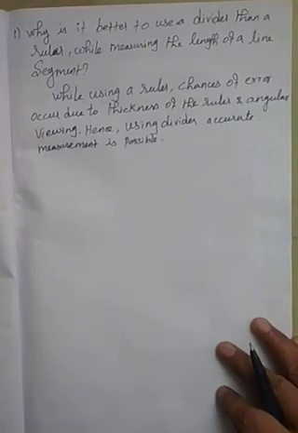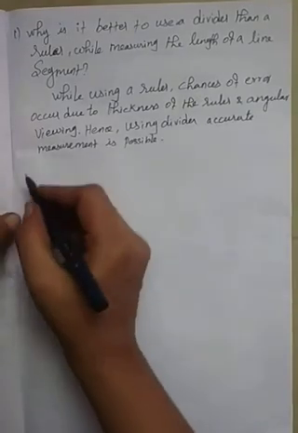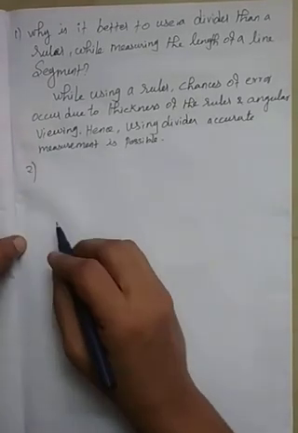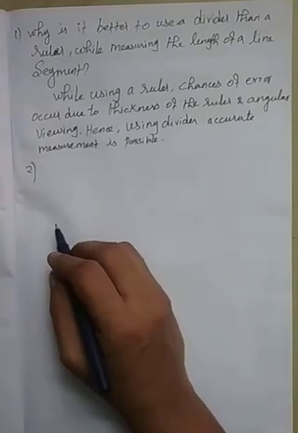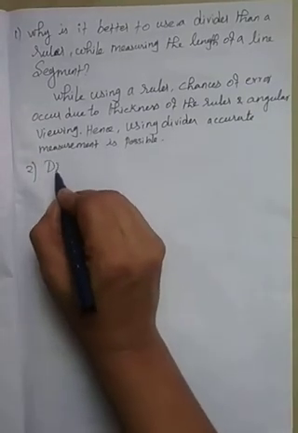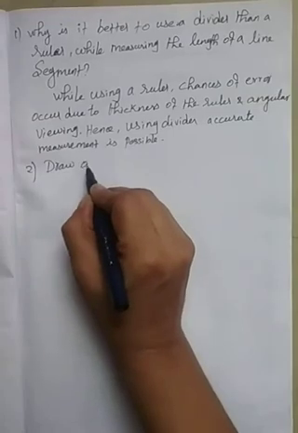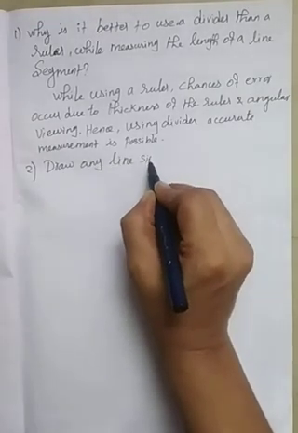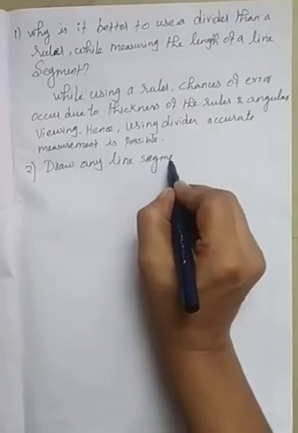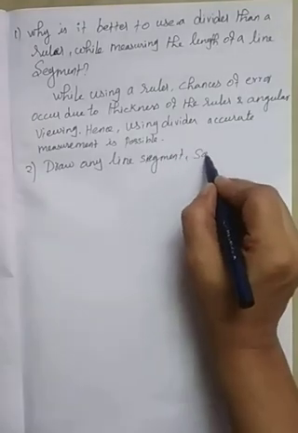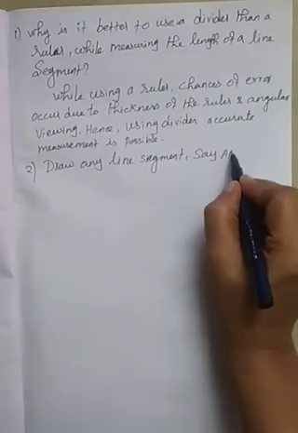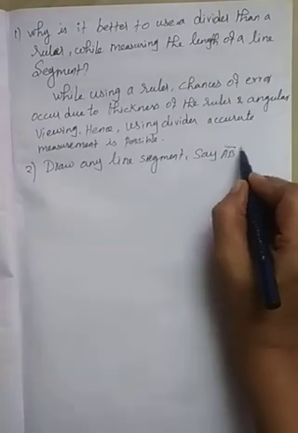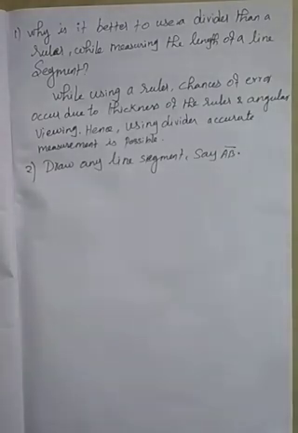Okay, right. See the second question. Now draw any line segment. That line segment we can say AB. Line segment means we have to denote it by this symbol.